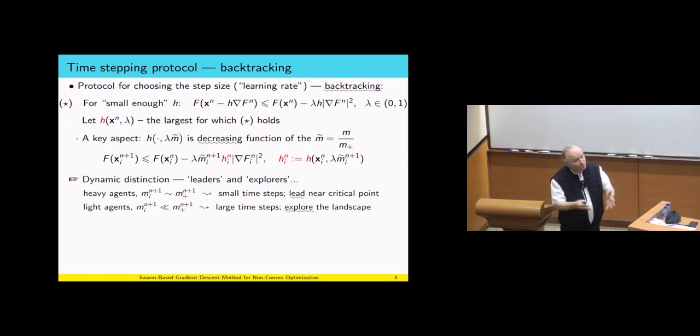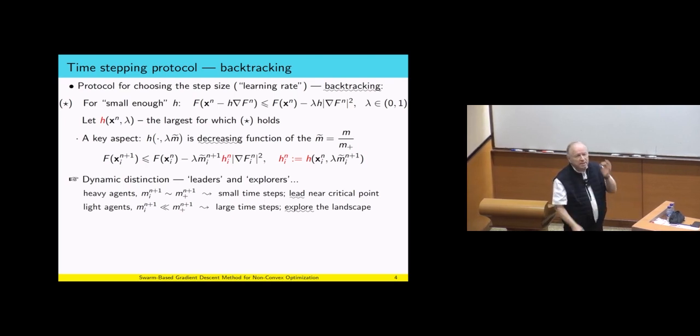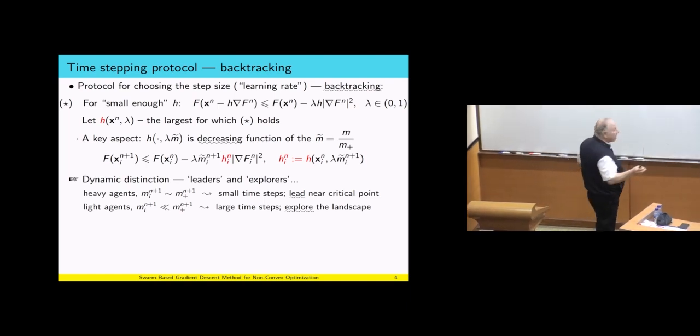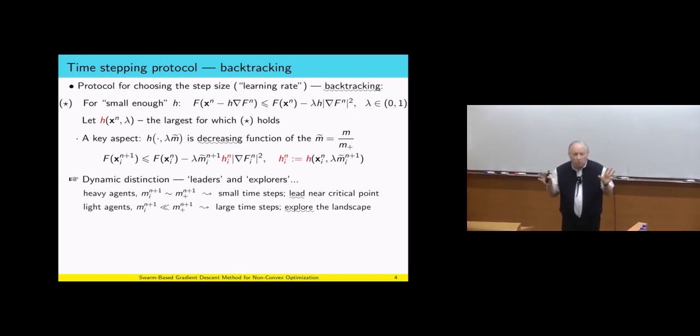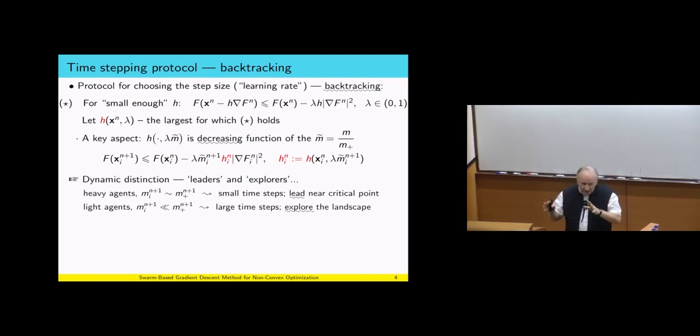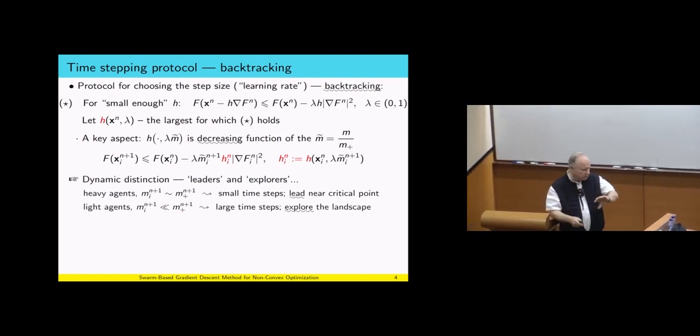If you are heavy, you go with small time steps. This is an indicator that heavy agents are close to the desired global minimum. If you are lighter agents, on the other hand, you are allowed to take large time steps. You are literally not a leader, you are more an explorer. So dynamically, there is a change between leaders and explorers.